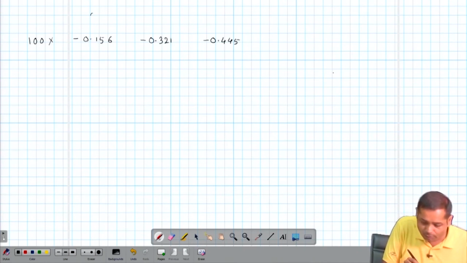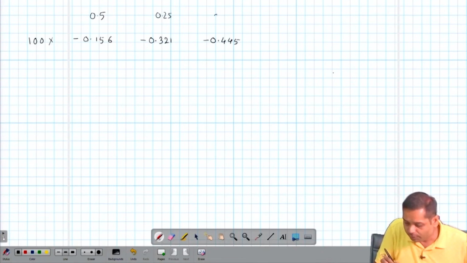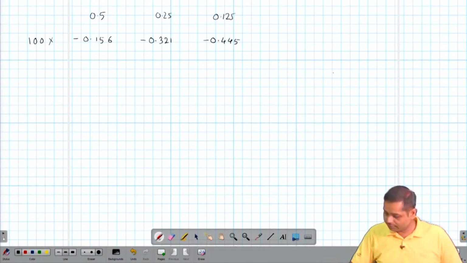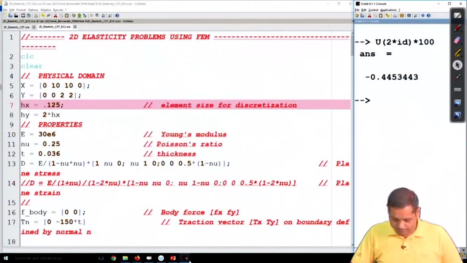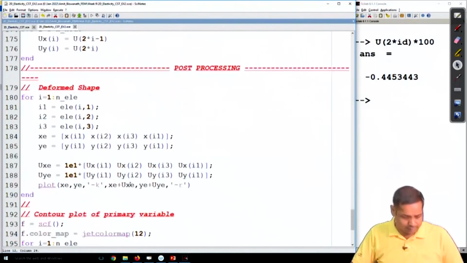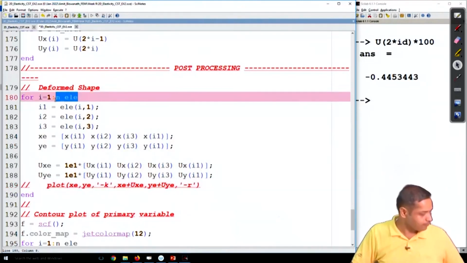So here it is 0.5 discretization, 0.25. This is 0.125. Let us further divide, do that exercise. Now the plot, if we comment, then it won't take much time. Okay.